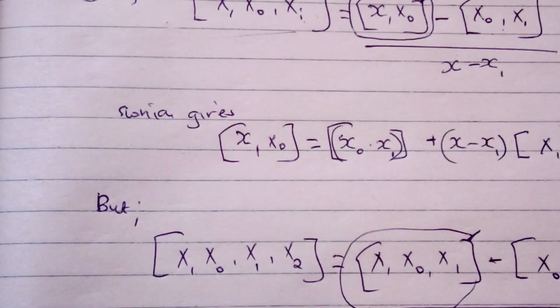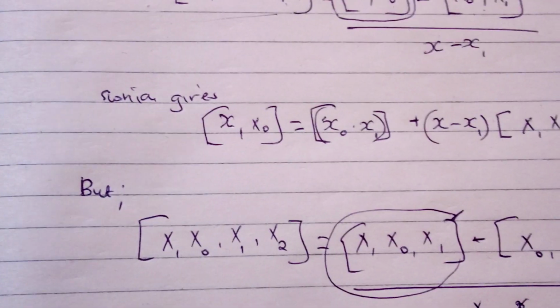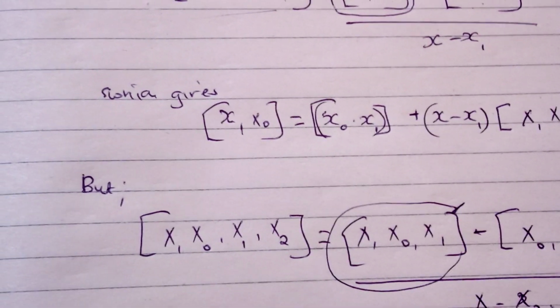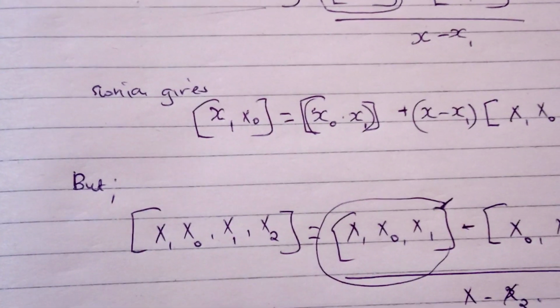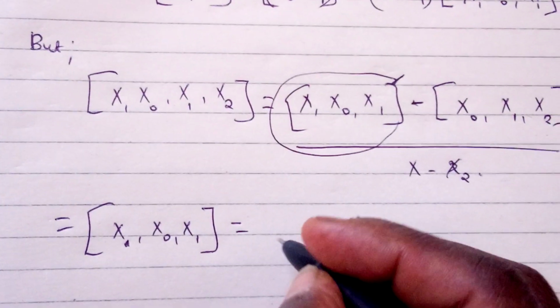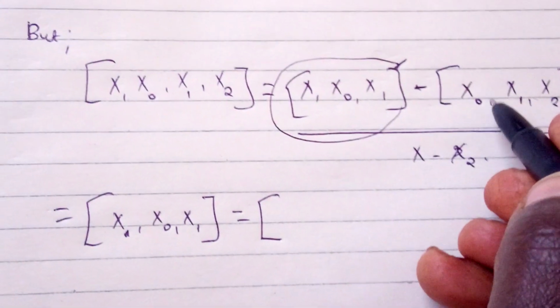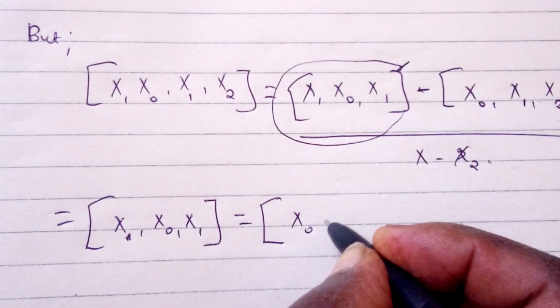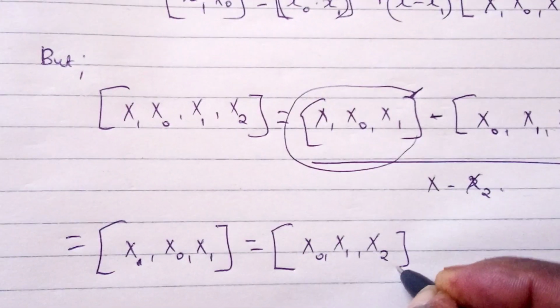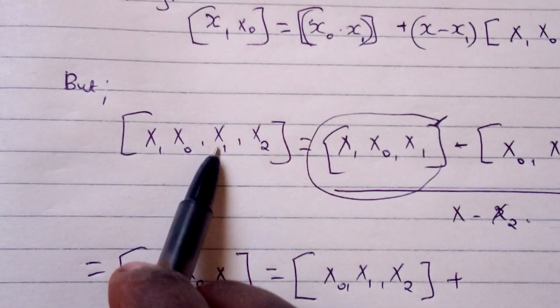So when you substitute, you are going to have x naught x1 is equal to x naught x1 x2 plus this one times this one.